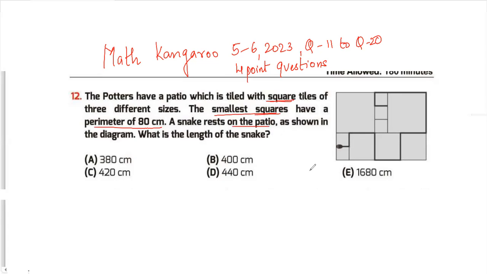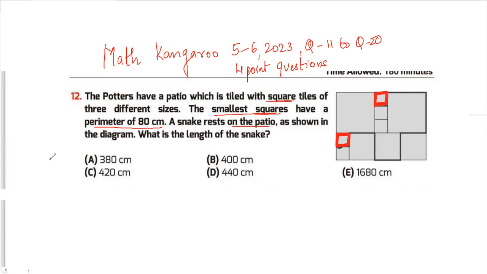In this case, similar kinds of questions have also come for level 3 and 4. We need to find the side length of one square. So what are they saying? That the smallest square has a perimeter of 80. So let's just take this to be the smallest square, or you can take this also to be the smallest square.